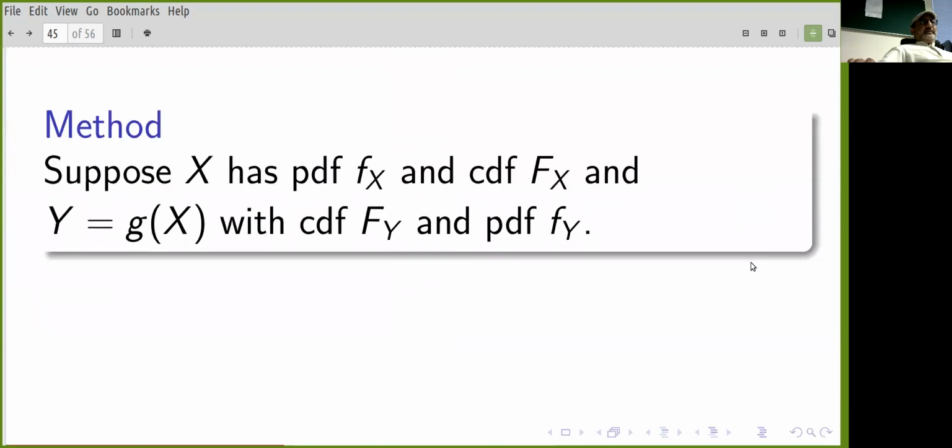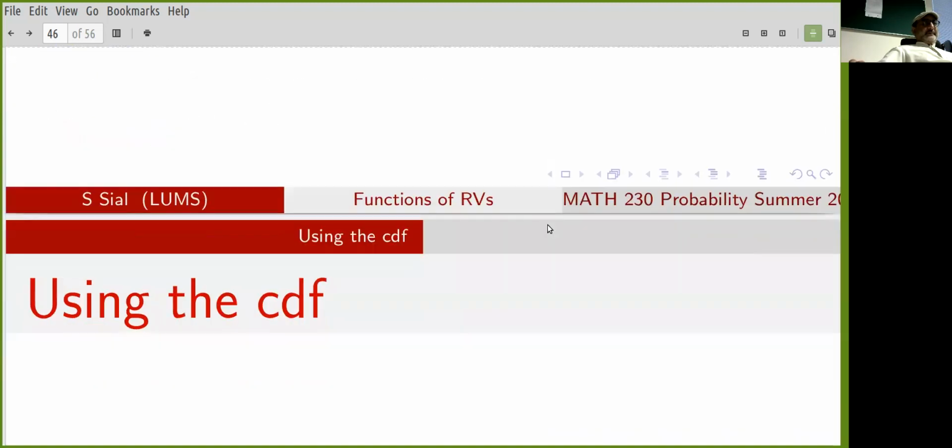Okay, so x has a PDF f sub x. It has a CDF capital F sub x. And y is equal to some transform g of x. And it has some CDF capital F sub y and some PDF f sub y. We want to find the PDF f sub y. We find the CDF capital F sub y first, and then take its derivative to find the PDF f sub y.